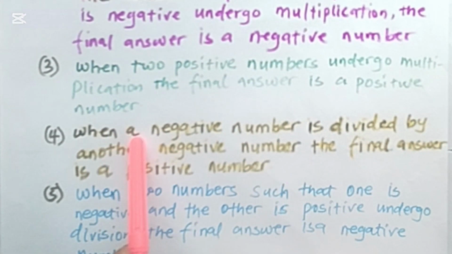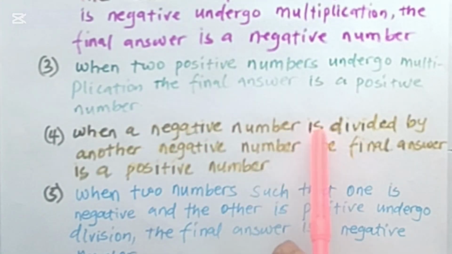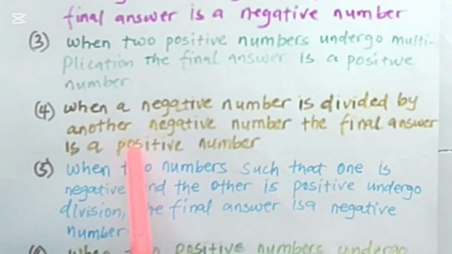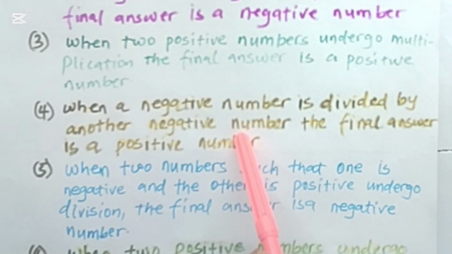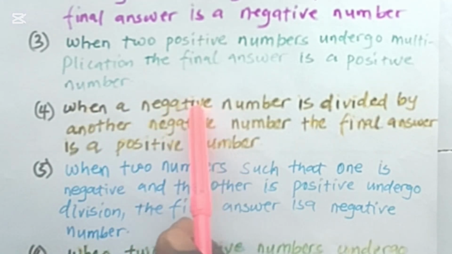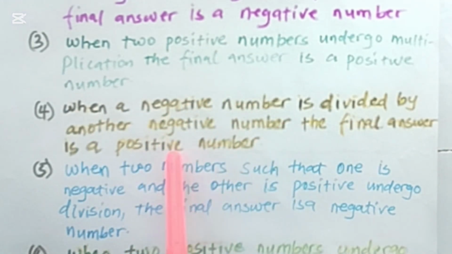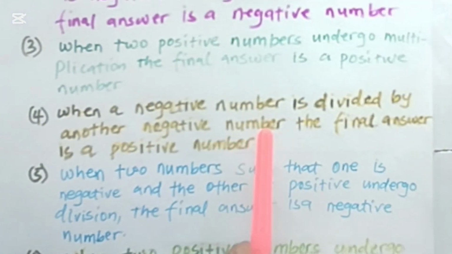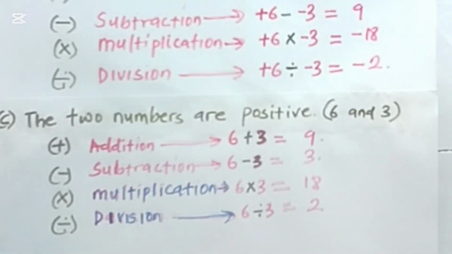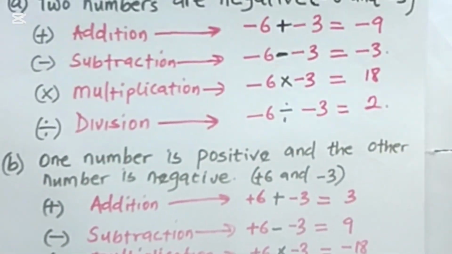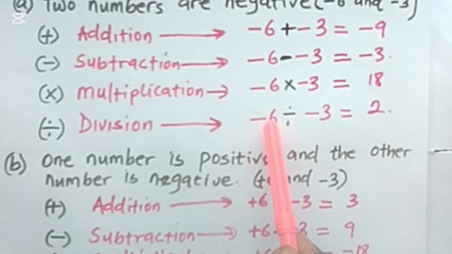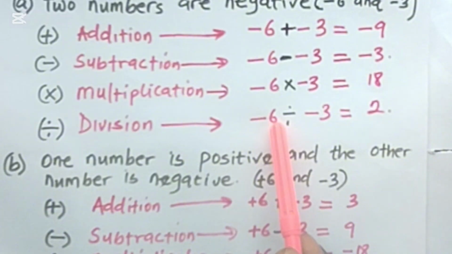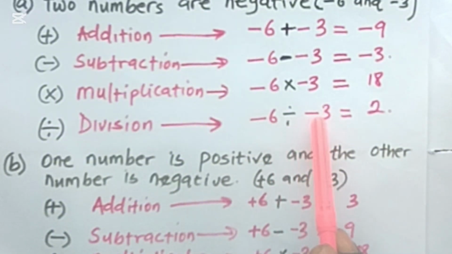In the fourth rule, it says when a negative number is divided by another negative number, the final answer is a positive number. Okay, it's just similar to multiplication too. Two negative numbers that undergo division will give you a positive number. So let's see if we can get to any aspect of our outline that explains this is division of two negative numbers, in this case -6 and -3.